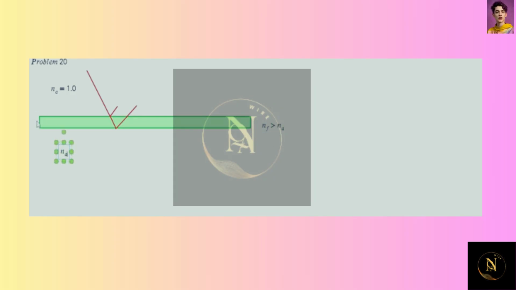The thickness of the bubble here is t. For us to see something on this side of the bubble, these two rays are going to have to constructively interfere. So we're looking for constructive interference.